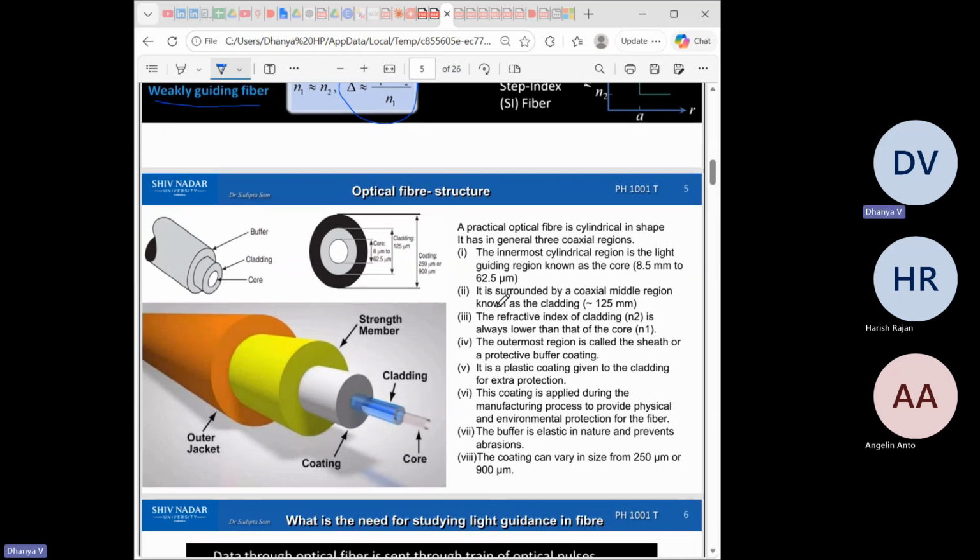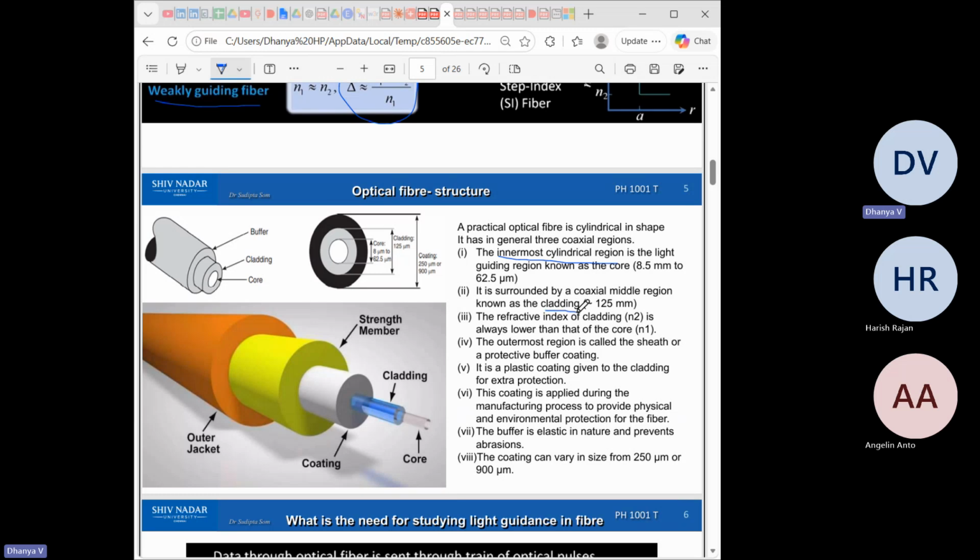These are just the details of what the measurements for the cladding and everything should be. The innermost is the cylindrical region, which is the light guiding region. It is surrounded by a coaxial middle region known as the cladding.